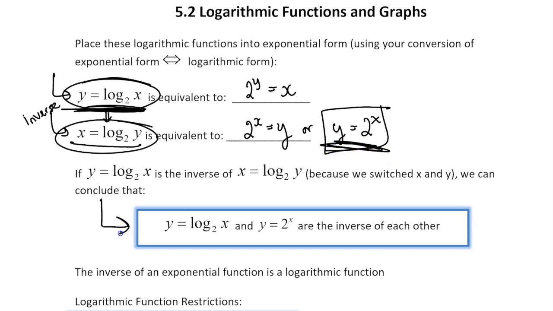And we say that right here, and this is a really big statement. Because now we can say that graphing an exponential function is really going to be like graphing the inverse of the log function. And we're going to use that for a bunch of the things that we do today.